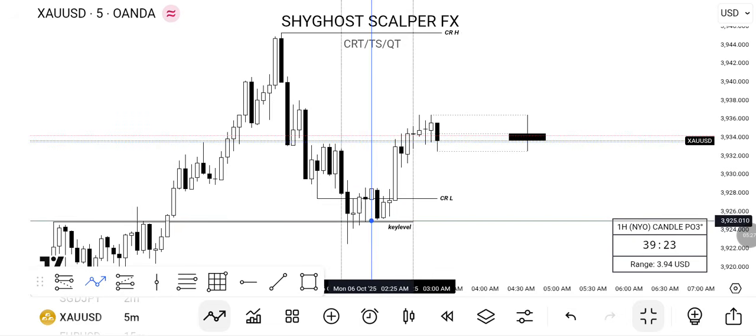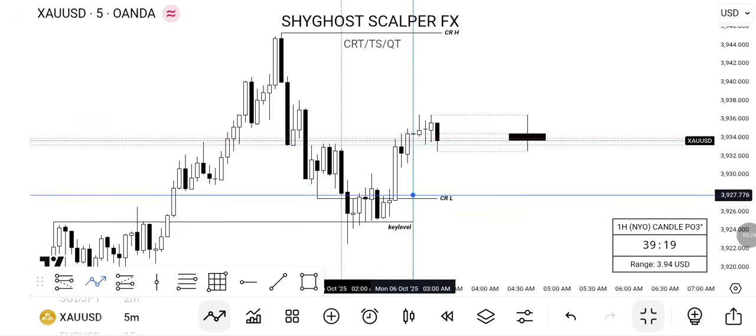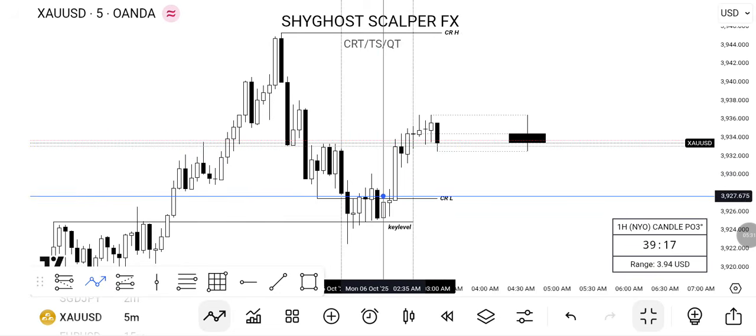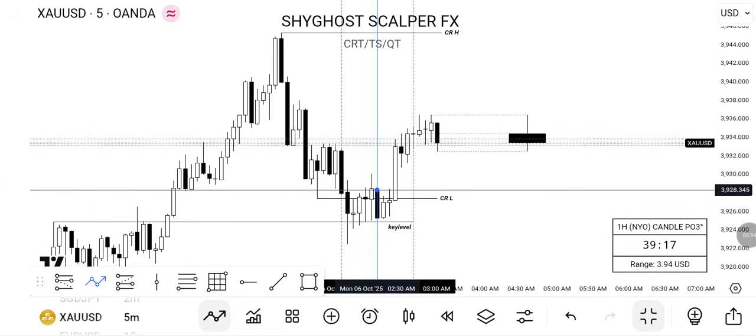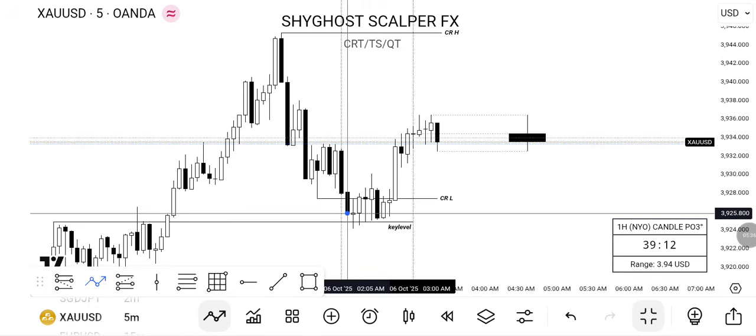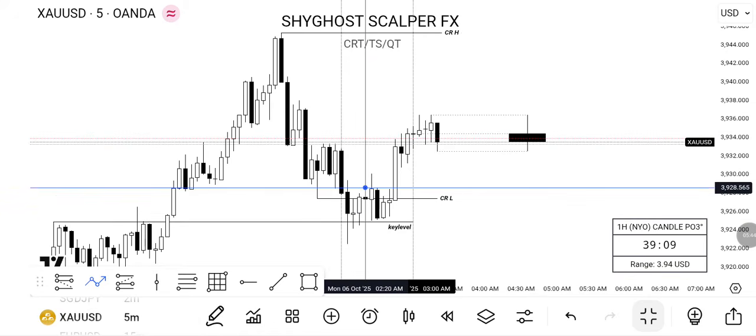It just broke our low. We need to check what time the low got broken. Remember, we already checked at H1. We saw that the candle that broke our low is a 2 a.m. candle, which is qualifying as our valid page, right?